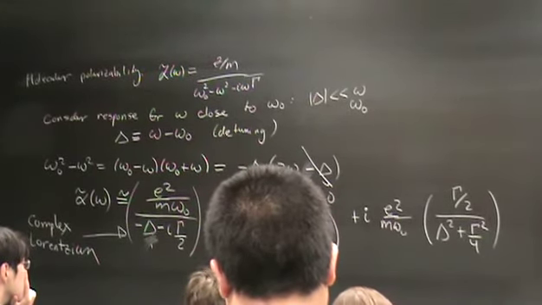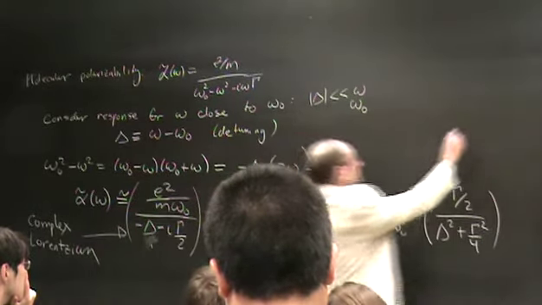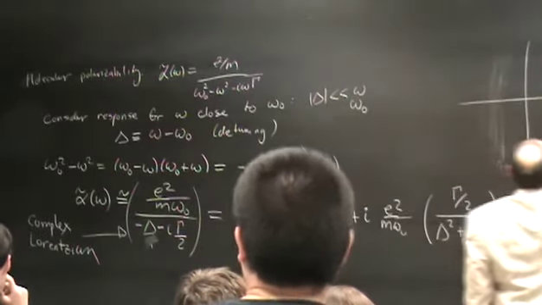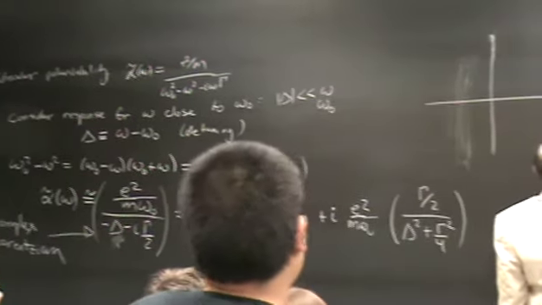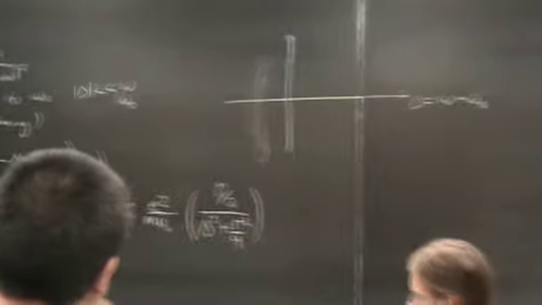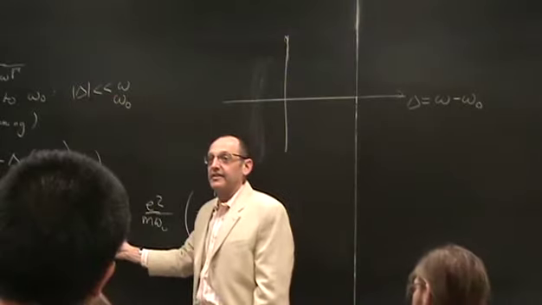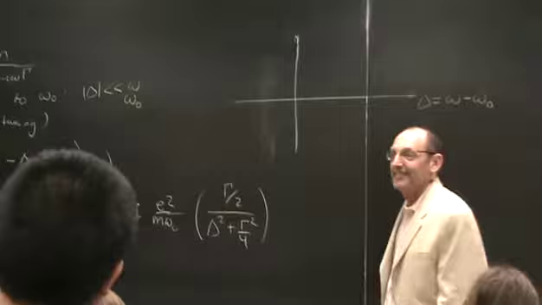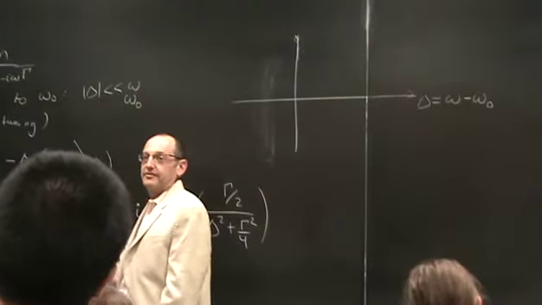Okay? So, what do these functions look like? Let's sketch them, as a function of the difference between the applied frequency and the resonant frequency. How do you sketch a function like this? You don't got Mathematica, which is in the test. You got to sketch it. Well, you look at the limits, right?